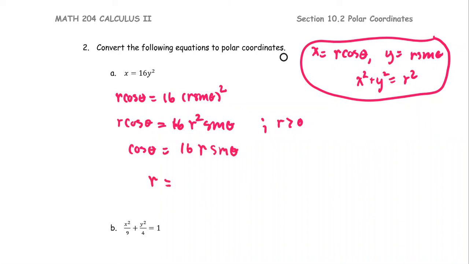Solve for r because the function in polar coordinates would be in the form of r and theta, and we can see r as a function of theta. So r equals cosine theta divided by 16 times sine squared theta.